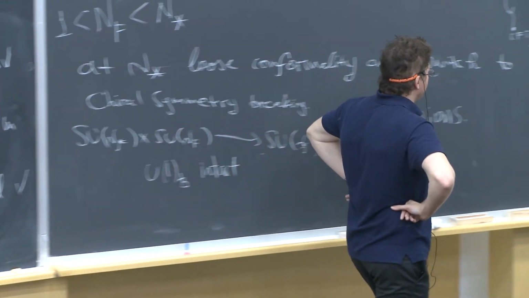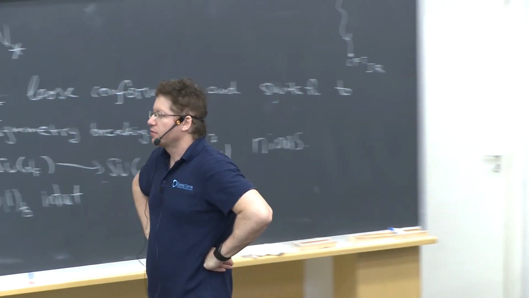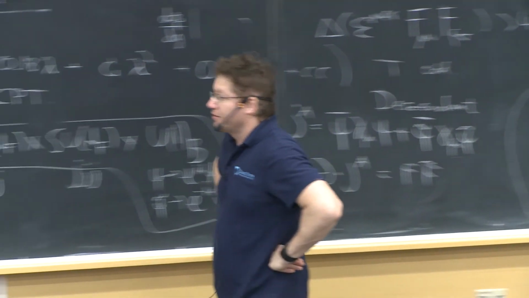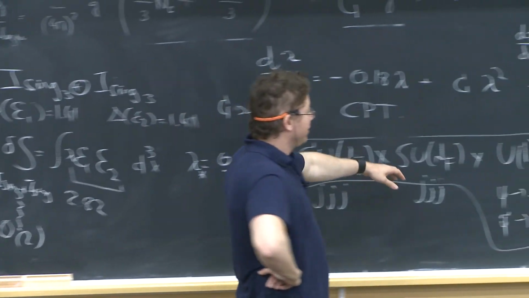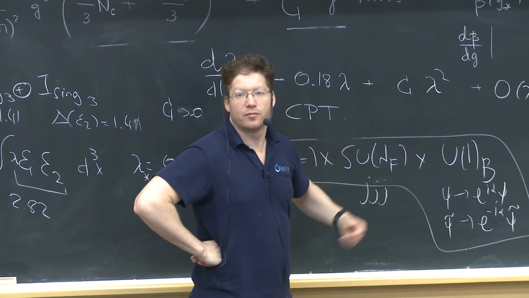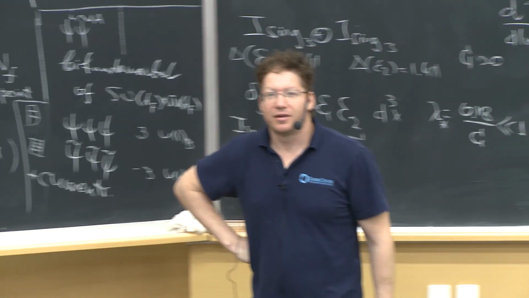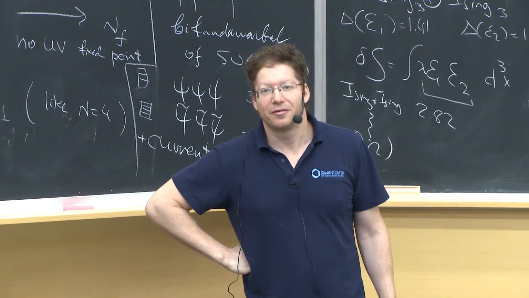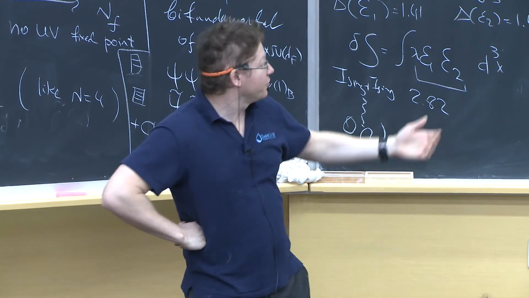If by going to higher dimensions, are the phases somehow connected, or do you have any thoughts on that? I just want to make one comment. I don't know if this is relevant, but once you go away from 4 dimensions, the notion of chiral fermions doesn't exist anymore, and the symmetry is not going to be SU(NF) times SU(NF). I'm always apprehensive about this kind of study of Yang-Mills theory with fermions in other dimensions, because the symmetry is not manifestly the same.